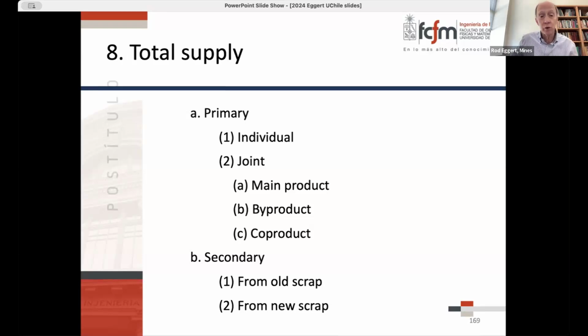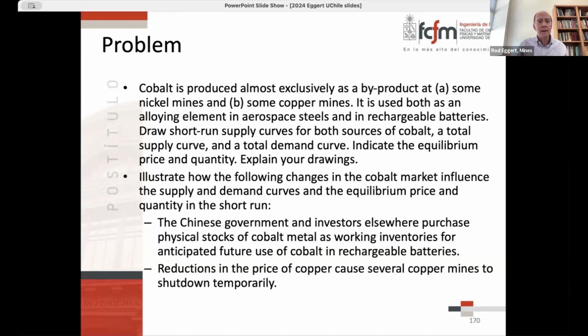So a very short lifetime. Whereas for copper, the amount available today from old scrap is based on copper demand approximately 20 years ago. I don't know that that's an exact number, but it's much longer lifetimes, and that influences the quantities available. Okay, now we have 10 minutes left until the break.